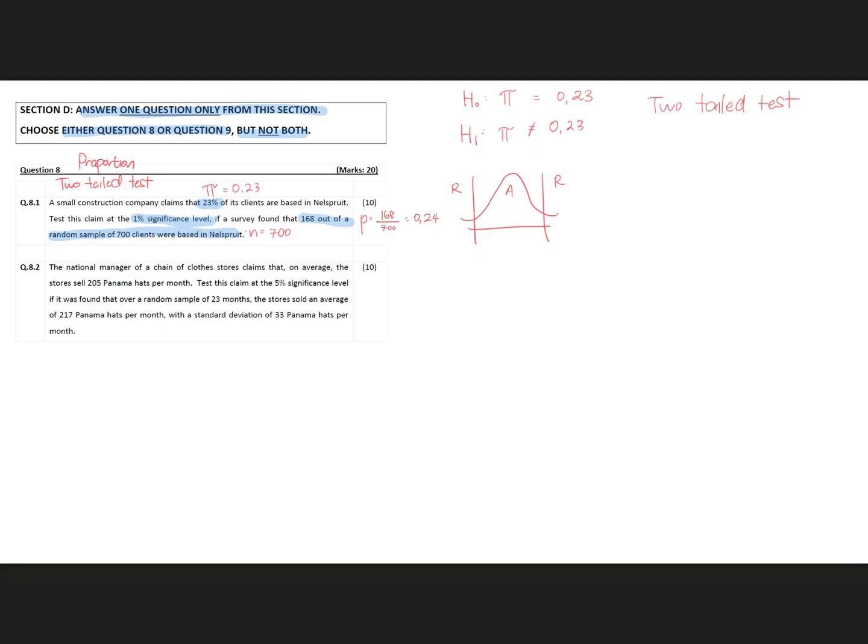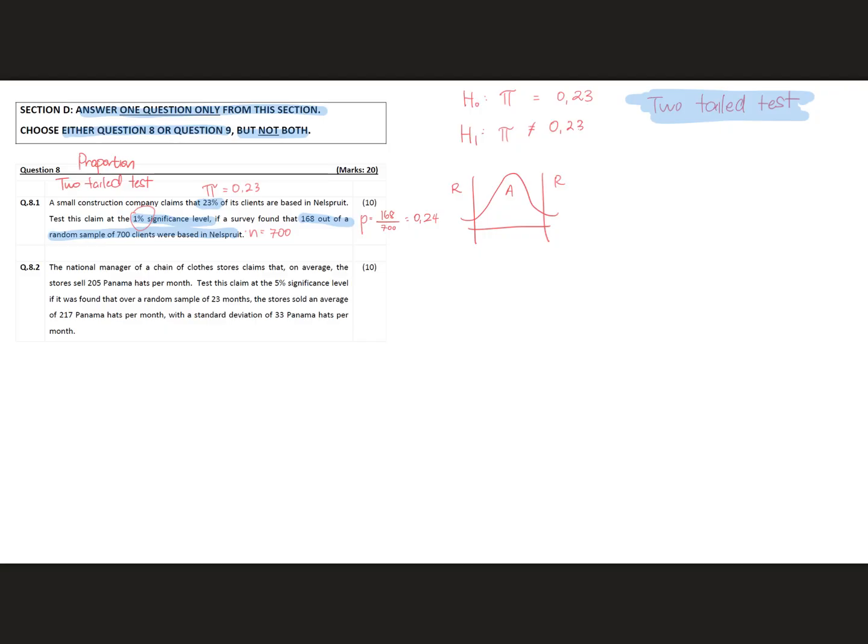So we need to know what type of test we have, which we already know is a two-tailed test. And then we also need to know your significance level, which we identified from the information is a 1% significance level.